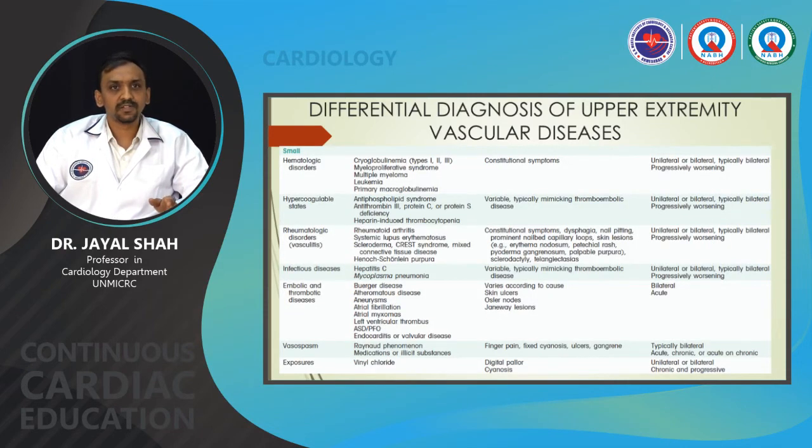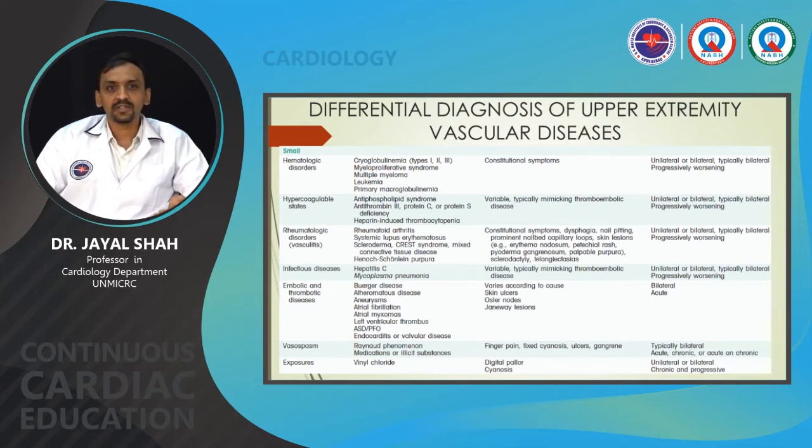Similarly, the other differential diagnoses for small vessel disease of upper extremity vascular diseases include certain hematologic disorders like cryoglobulinemia, myeloproliferative disorders, leukemia, multiple myeloma, as well as macroglobulinemia. Certain hypercoagulable states, particularly APLA syndrome, antithrombin or protein C, protein S deficiency, or HIT syndrome. Then certain rheumatologic diseases, particularly rheumatoid arthritis, SLE, scleroderma or HS purpura, are important differential diagnoses.